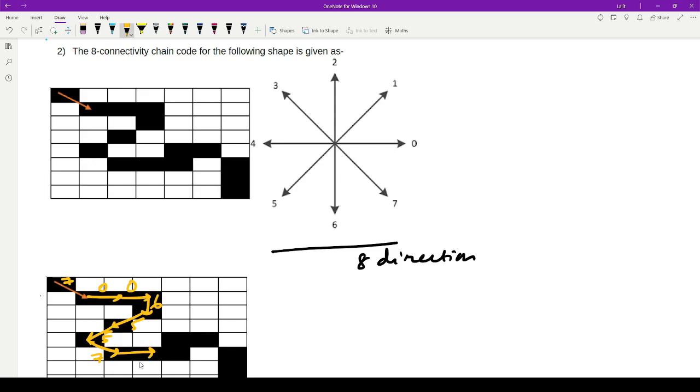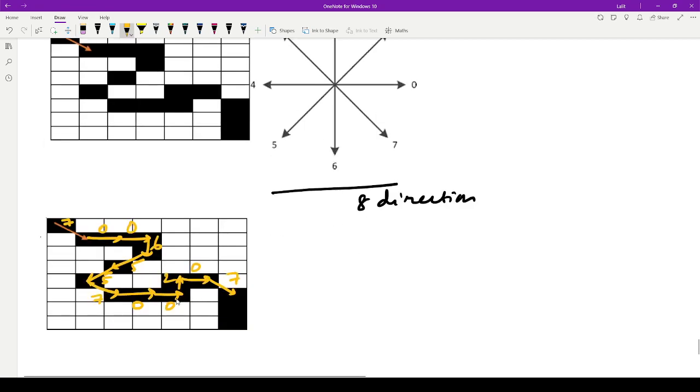Next, 0. This one, 2. This one, 0. Next, 7, 6, and 6.